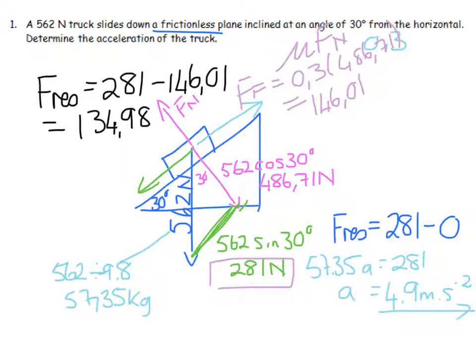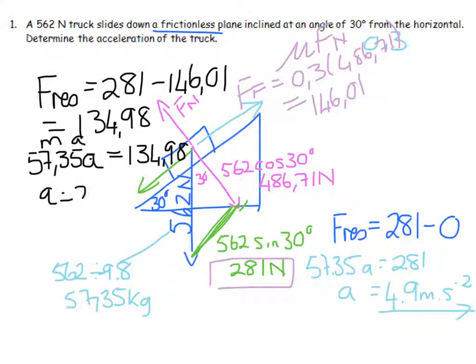But that is also equal to mass times acceleration. So it's 57,35 times acceleration. So acceleration, 134,98, divide through, and your acceleration turns out to be 2,35 meters per second squared.